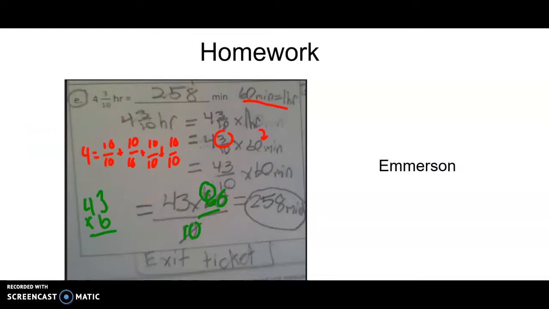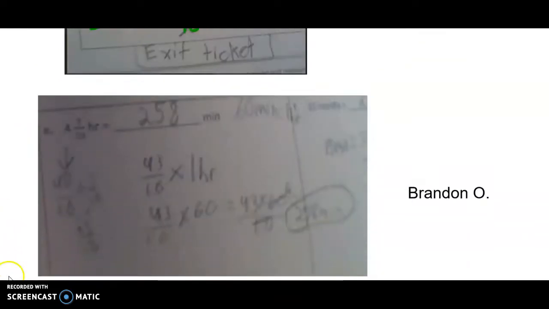Our other genius did something very similar. As I scroll down here, this one is from Brandon Owens. He did very similar to the work that I demonstrate in the videos, even putting in the simple arrow here, that 4 wholes is 40/10, and we have the 3/10 left over right here to give us 43/10, just as Emerson did above.